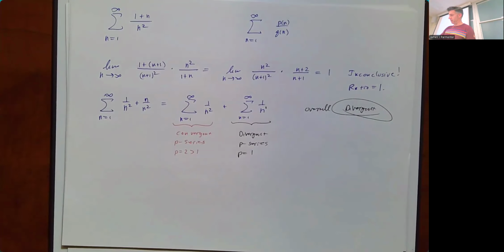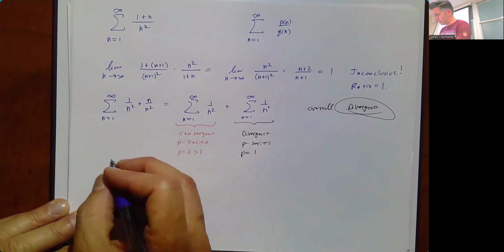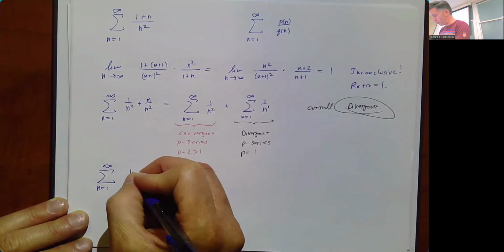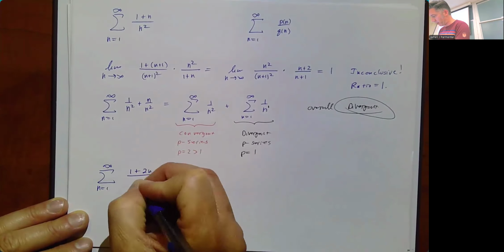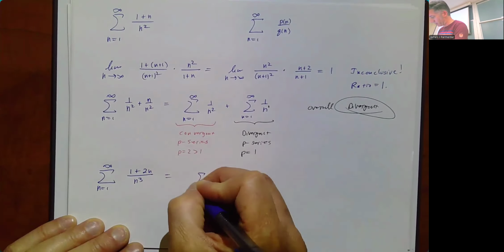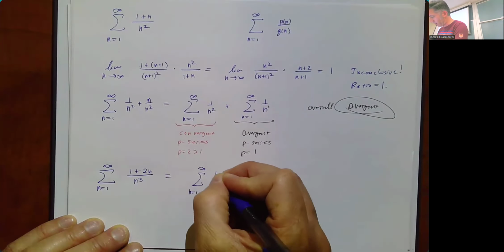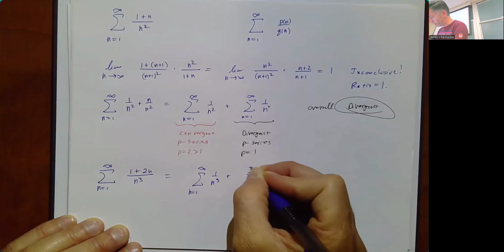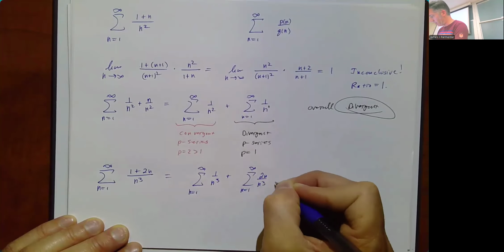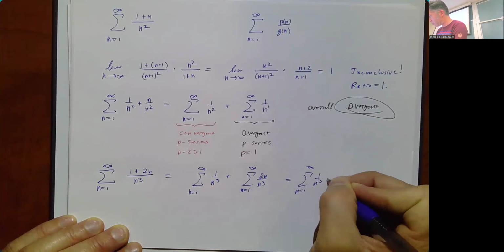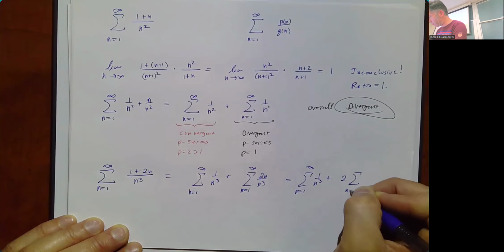On the other hand, just because I think it's kind of a neat example, if our example had been, for example, the sum from n equals 1 to infinity of (1 plus 2n) over n cubed, you could also break this one up in the same sort of way and write it as the sum from n equals 1 to infinity of 1 over n cubed plus the sum from n equals 1 to infinity of 2n over n cubed, and then rewrite that second part as 2 times the sum from n equals 1 to infinity of 1 over n squared.